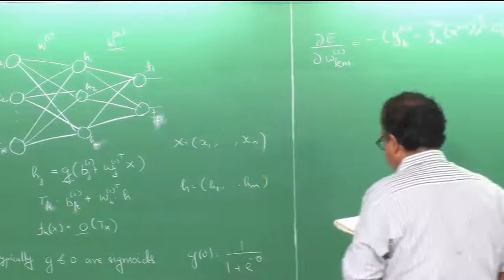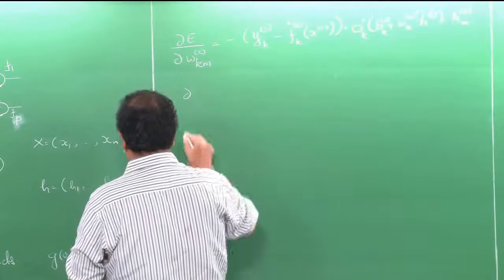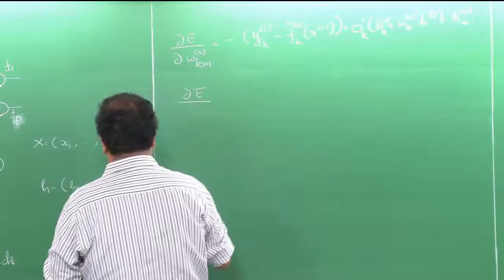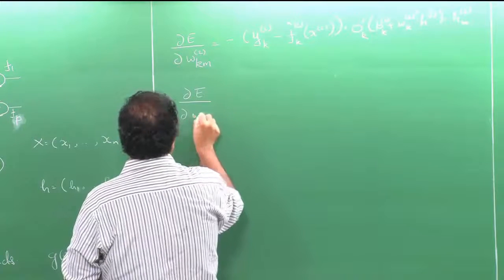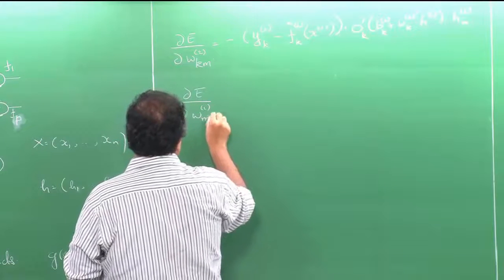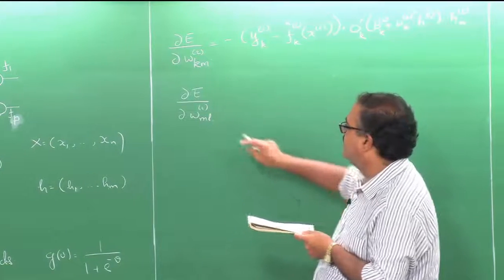Let us see how we will do this. This essentially uses the very simple idea of the chain rule from differentiation. I am going to take a very specific weight here.